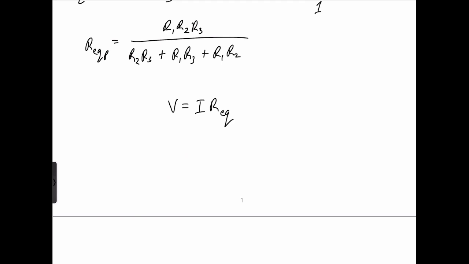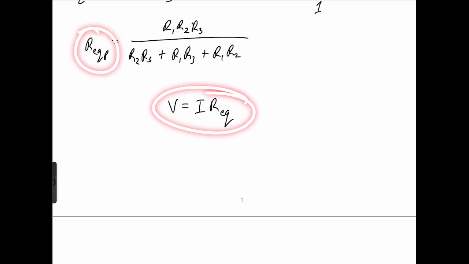The current through each resistor can be found using the parallel combination and the expression for V.